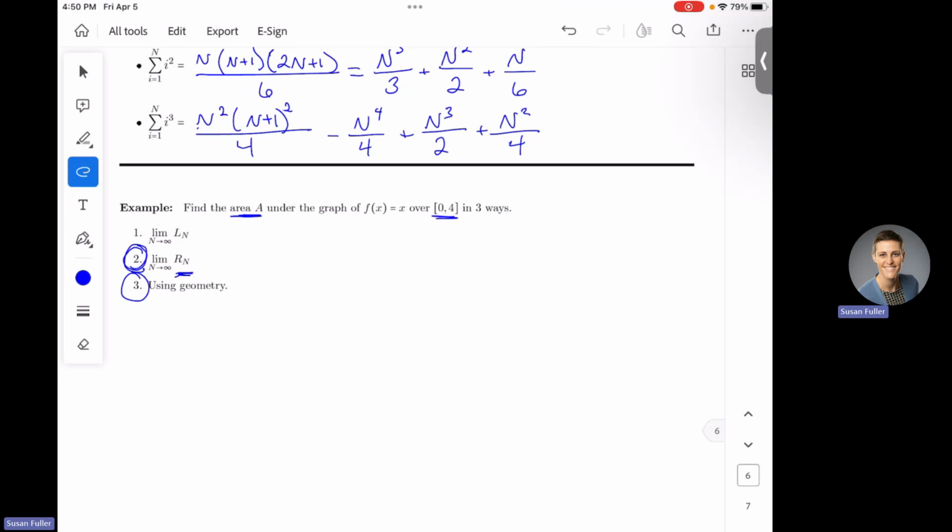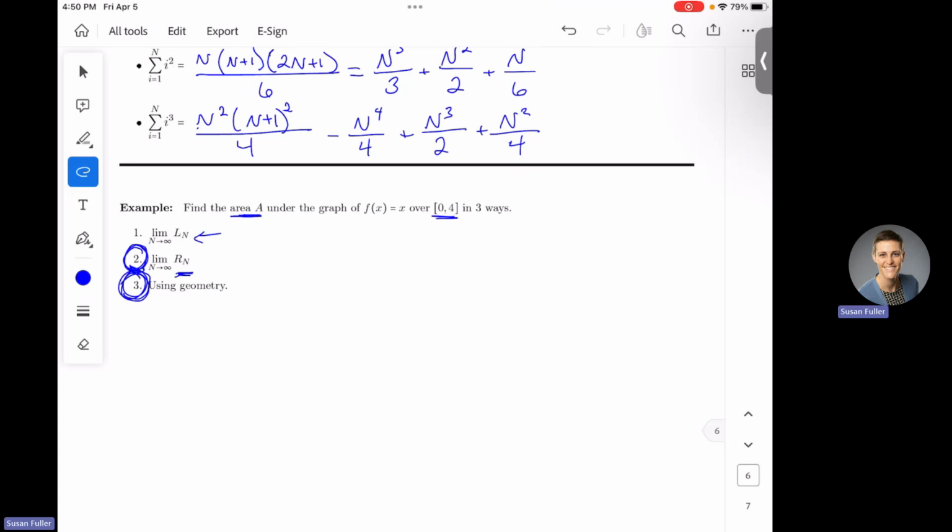You'll get the same thing with the left Riemann sum, but dealing with some of the summation notation just gets a little messier there. We're going to get the same answer, and the process stays the same. So I'm just going to go through the right Riemann sum so that you can see what that looks like, and just know that you would get the same answer out of the left Riemann sum. And we'll use geometry as well to double check our answer.